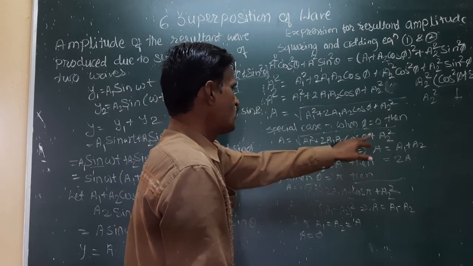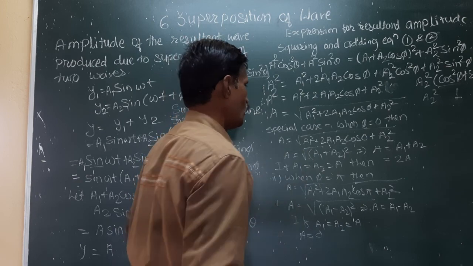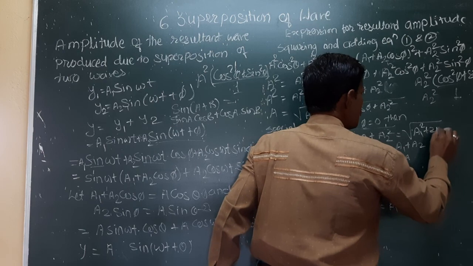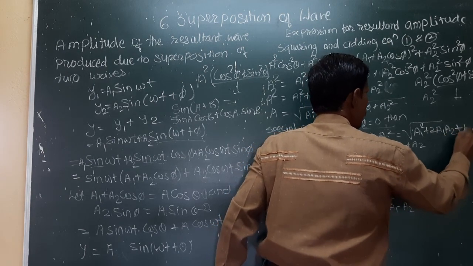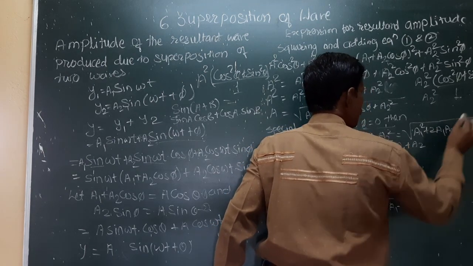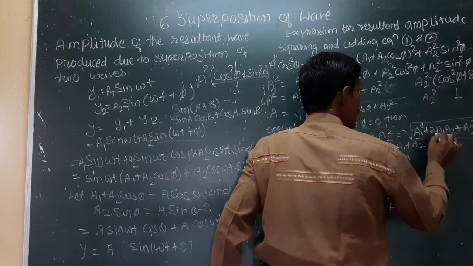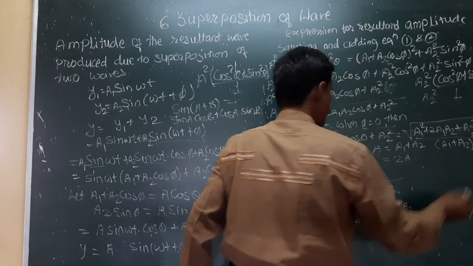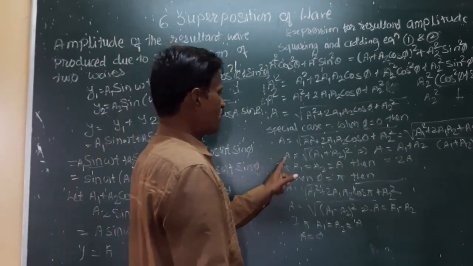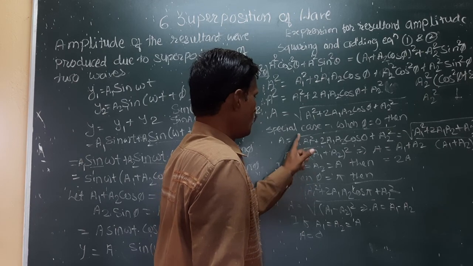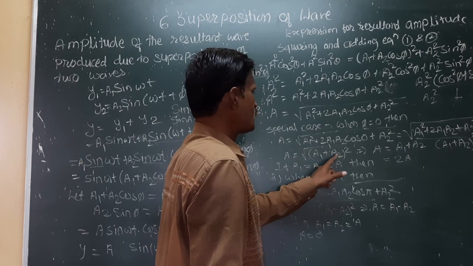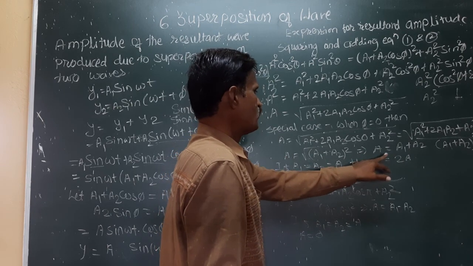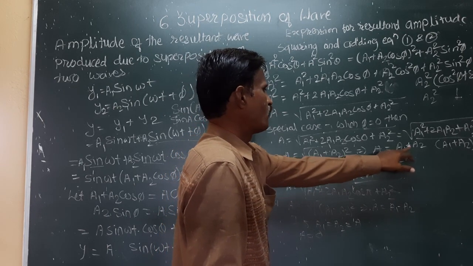But cos 0 is equal to 1. So we get root of a1 square plus twice a1 a2 plus a2 square, and this is nothing but the expansion of (a1 plus a2) whole square. So the resultant amplitude is equal to root of (a1 plus a2) whole square, or A is equal to a1 plus a2.